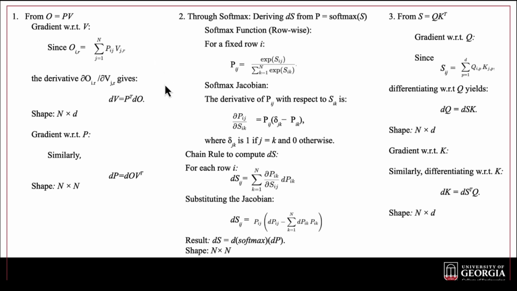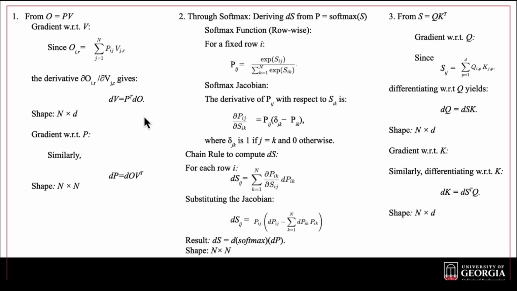This multiplies the output gradient dO by P transpose to propagate the errors to V. For the same reason, we get dP equals dO times V transpose. This backpropagates dO through V transpose to P.